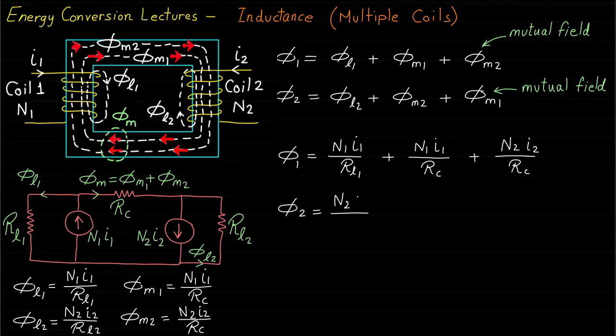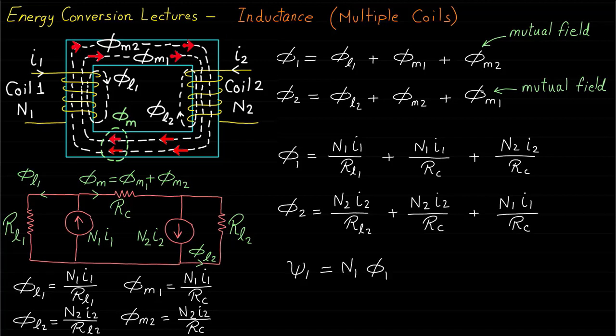Now, since the magnetic field phi 1 links coil 1 and the magnetic field phi 2 links coil 2, the magnetic field linkages of coil 1 and coil 2 can be determined as follows. Let's discuss and analyze each of the magnetic field linkages at a time.